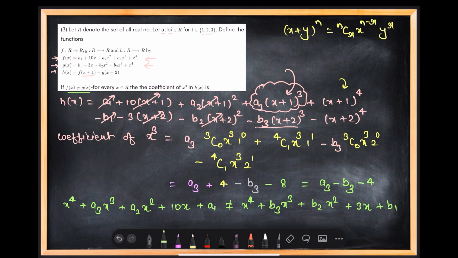Okay, so we got this thing. Now what we will do, we will simplify things a little bit.